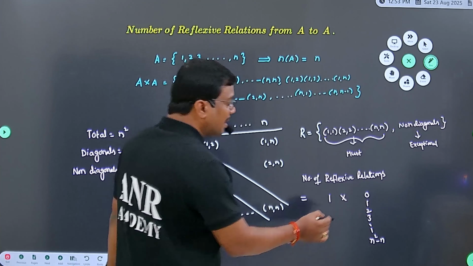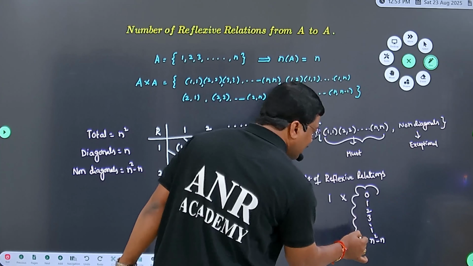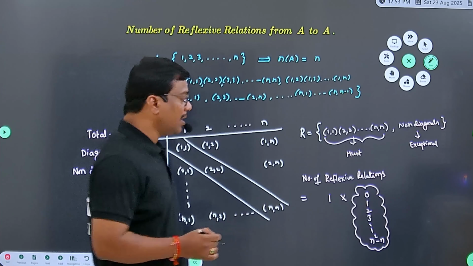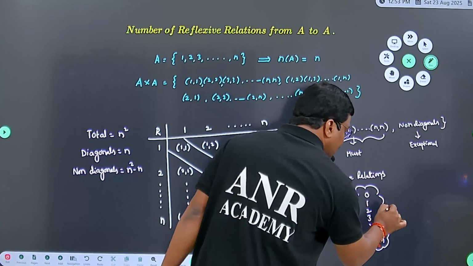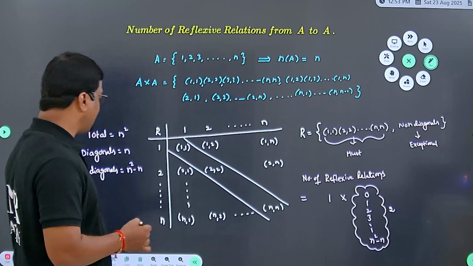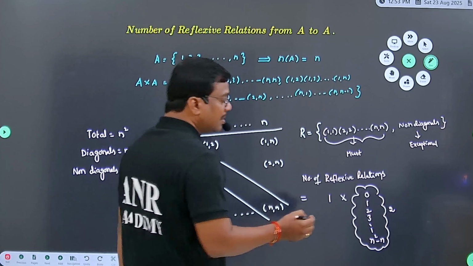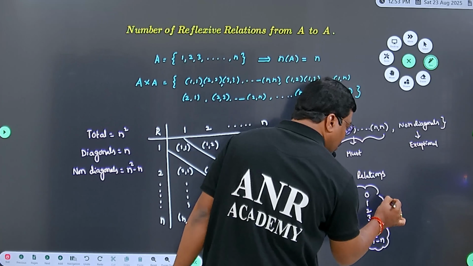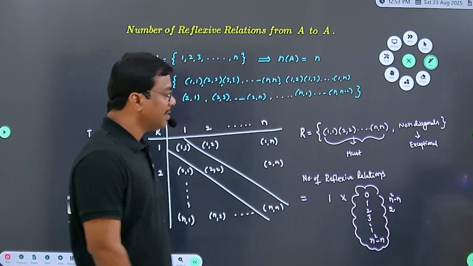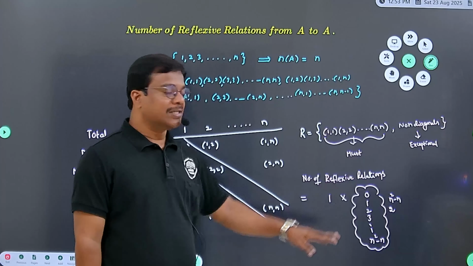So the chances to write non-diagonal entries in total: you have n square minus n elements, and hence 2 to the power of n square minus n indicates the relations. Why?